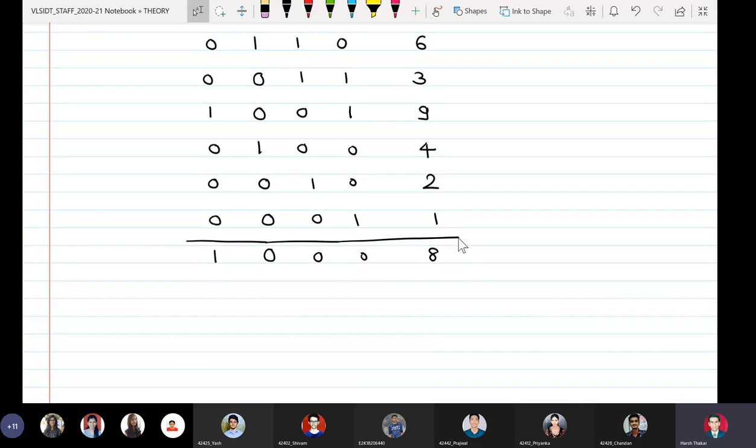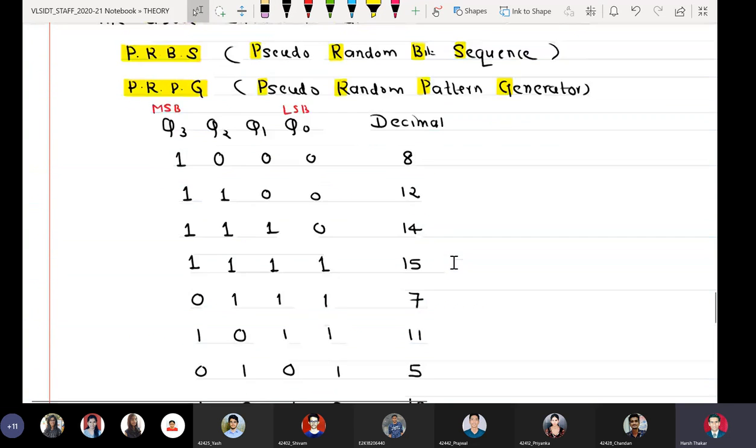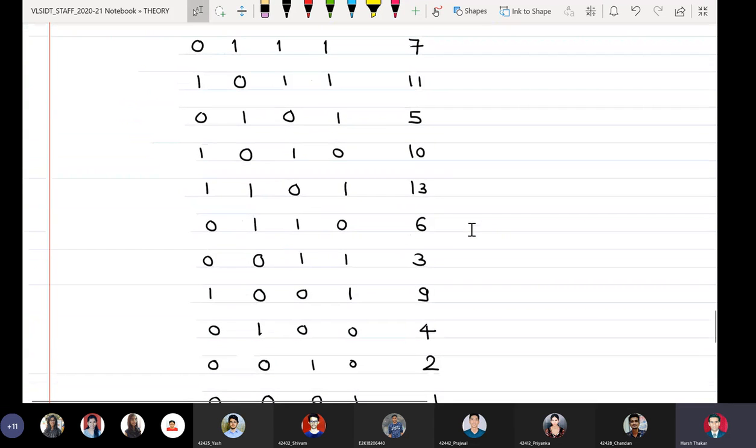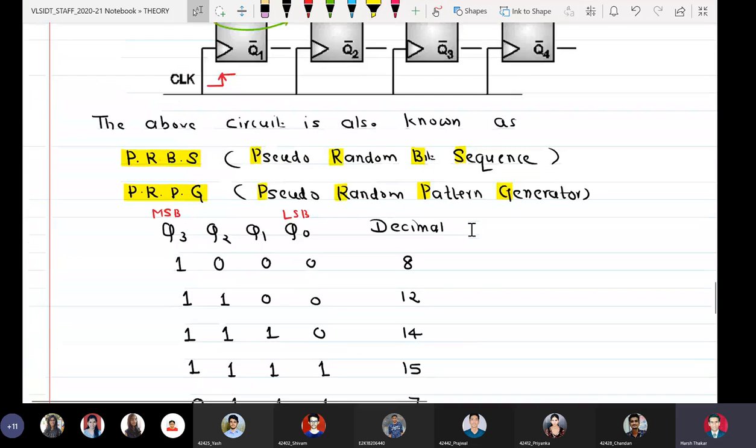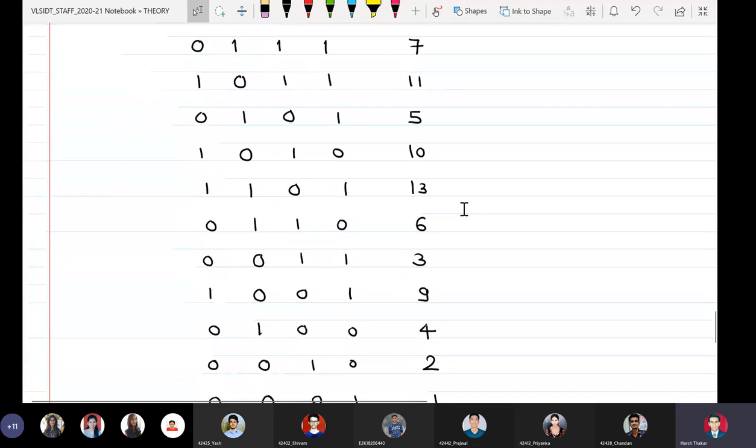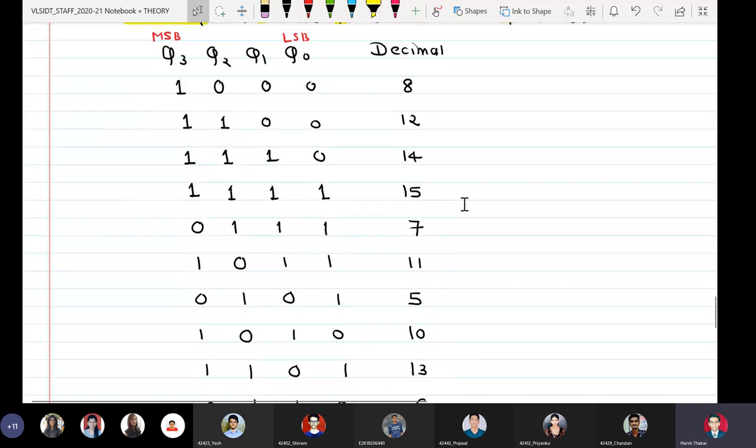So the total number of states are 1, 2, 3, 4, 5, 6, 7, 8, 9, 10, 11, up to 15. So a 4-bit PRBS is going through 15 unique states, right?